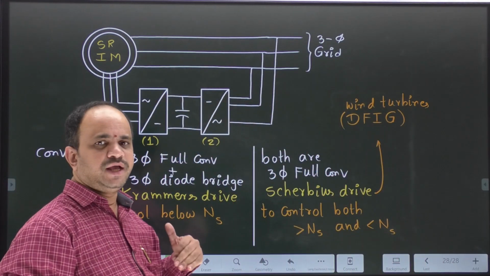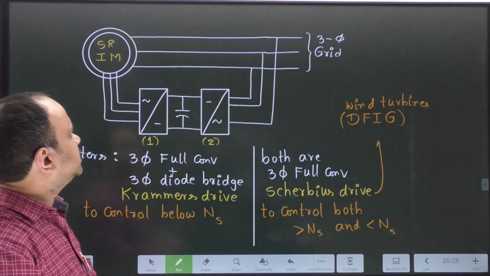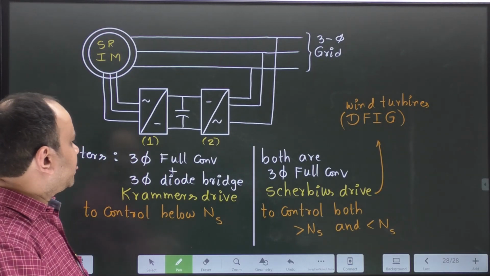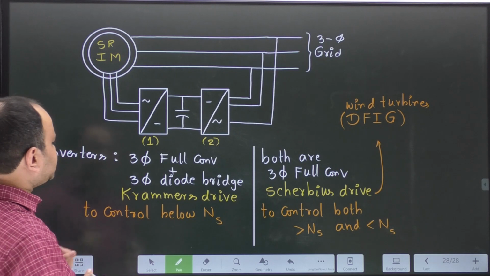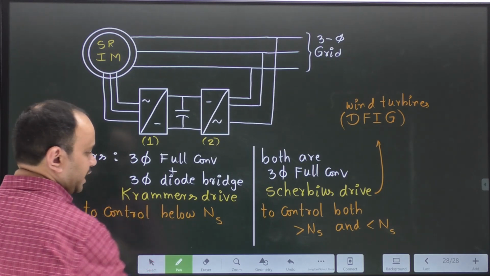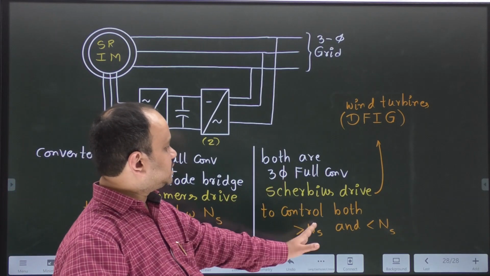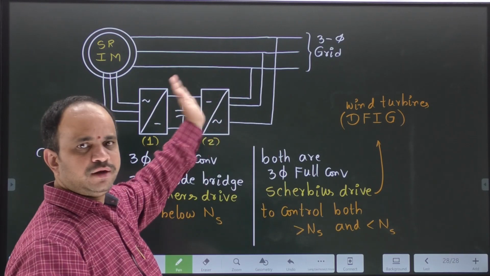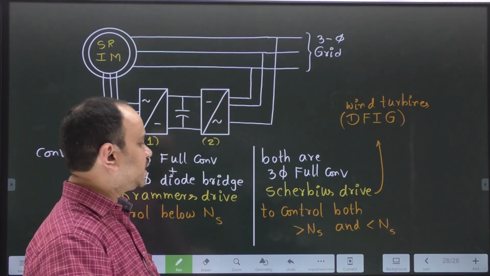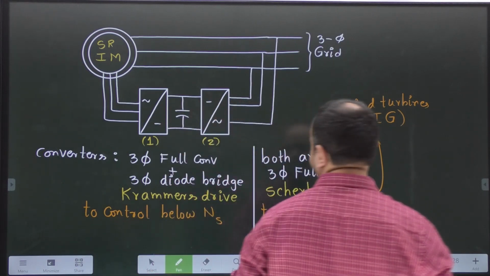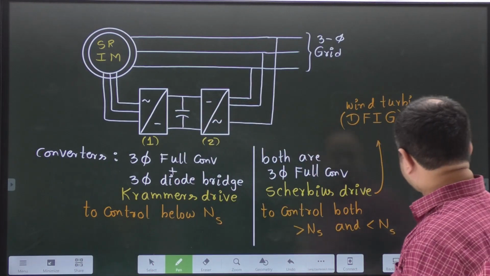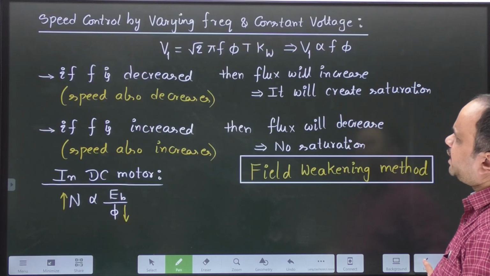Both the stator as well as the rotor are connected to the 3-phase grid. In Cramer's drive, the power flow direction is only one direction, whereas in the Scherbius drive, the power can flow in both the directions. Okay.